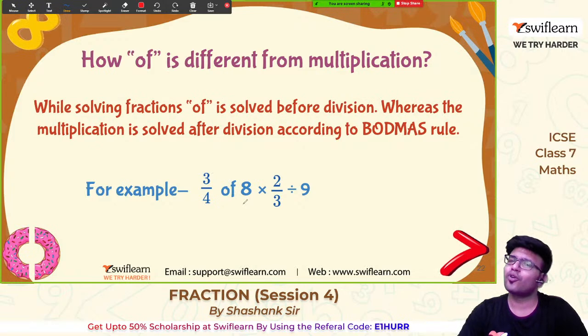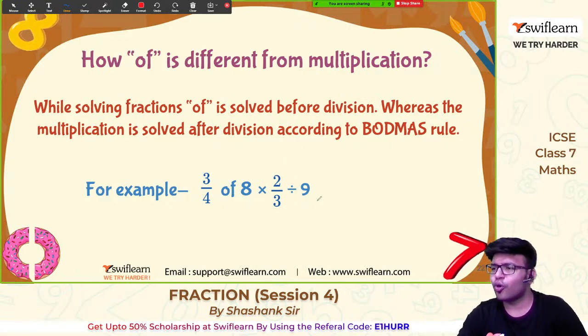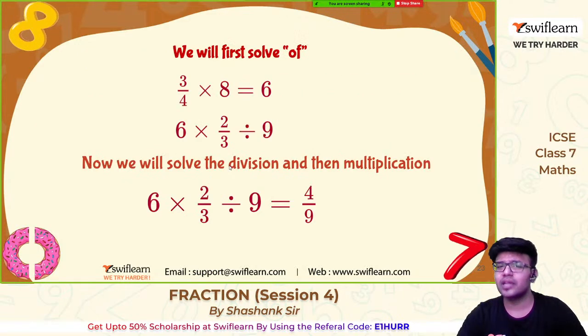So 3 by 4 of 8 into 2 by 3 by 9. So "of", solve it first before dividing. 3 by 4 of 8 means 3/4 into 8, which is 6. Solve that first, then divide this by 9 and then do the multiplication. This is what they are saying.